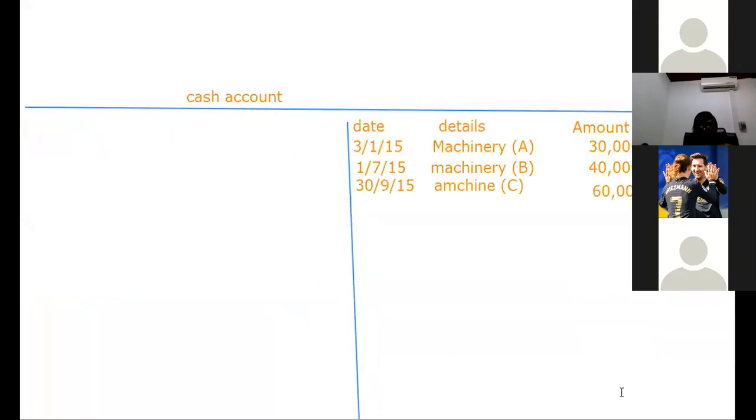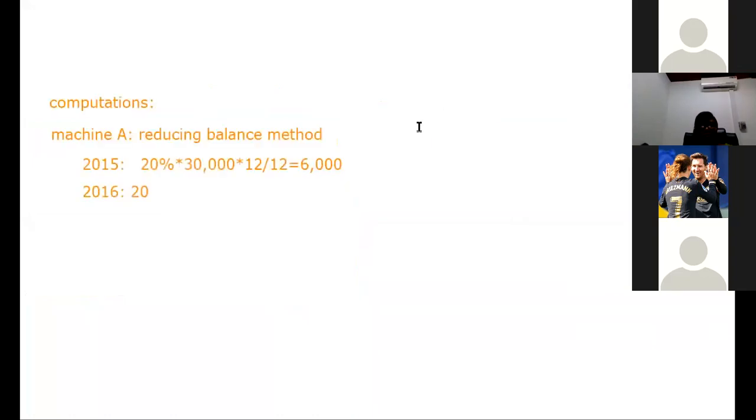For machine B, can we do machine B somewhere here? What percentage? 20% on reducing balance, times what?